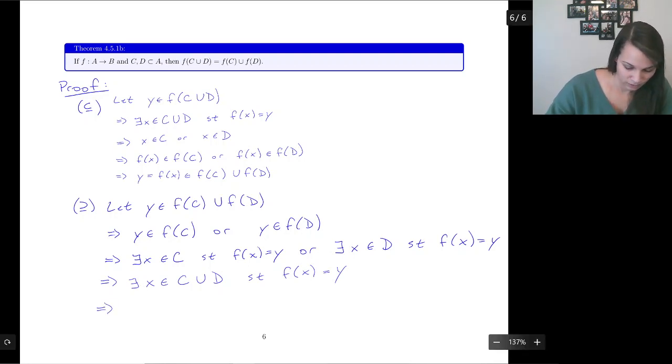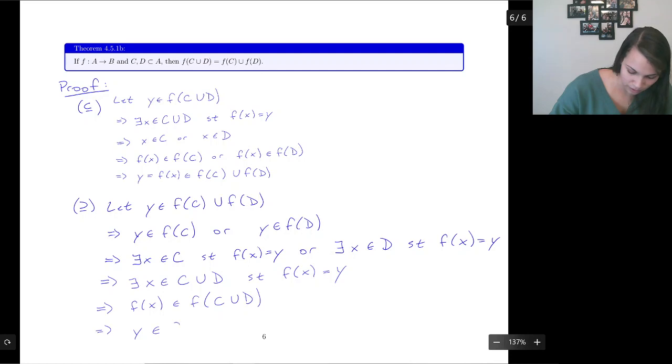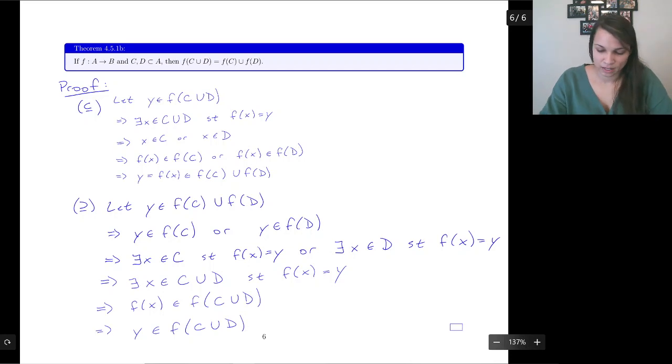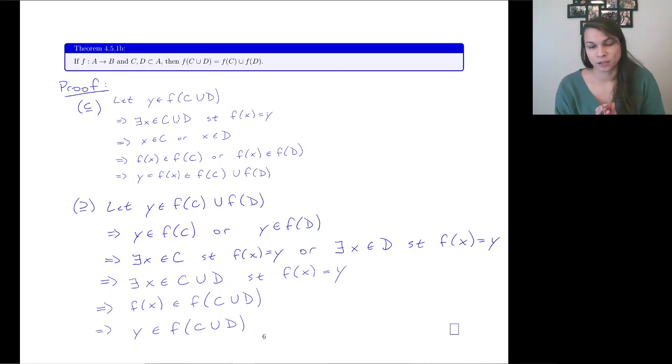So then we can say that the image of x will be in the image of this set, but f of x is just y. So y is in this set. There we go. And so the image of a union is indeed equal to the union of images.